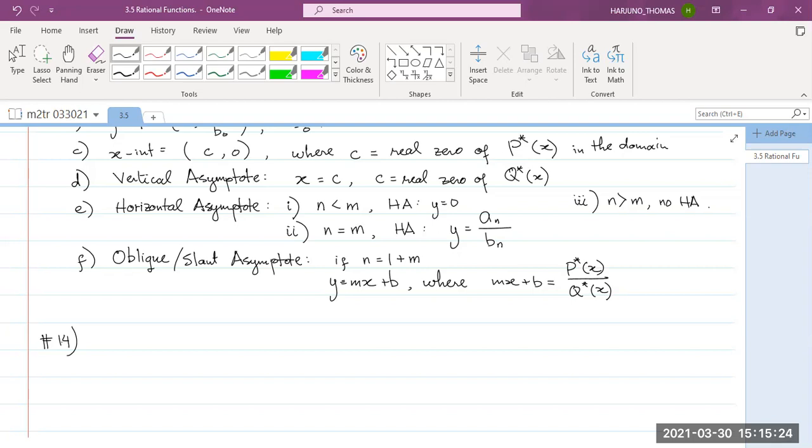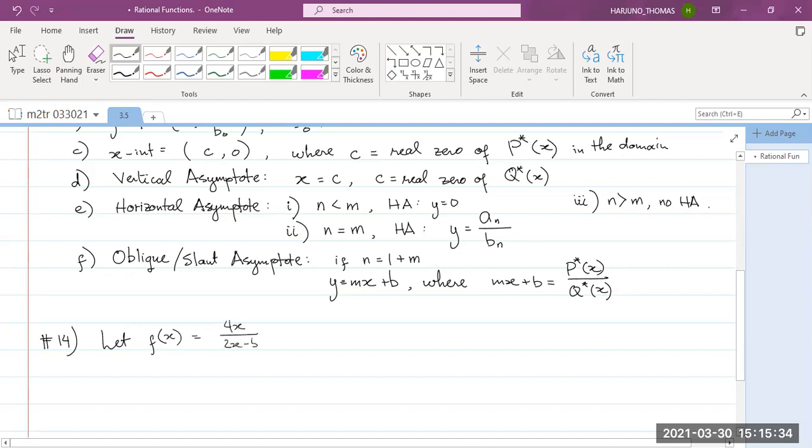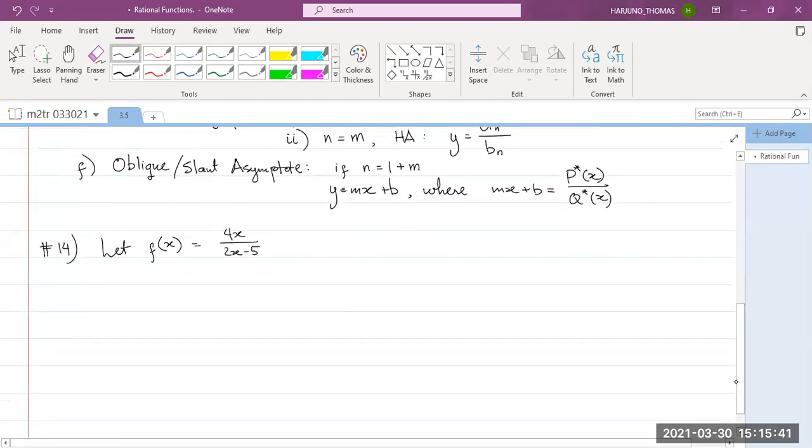Okay, let's see number 14, where we have f(x) equals 4x over 2x minus 5. And that's our rational function. No common factor, right? So let's answer those questions, and then finally we will graph them.